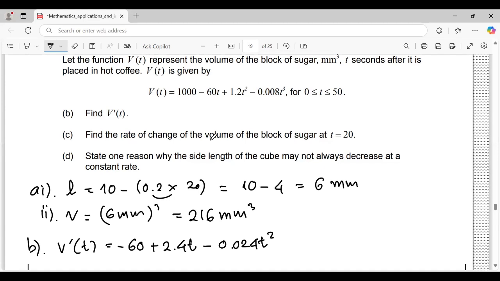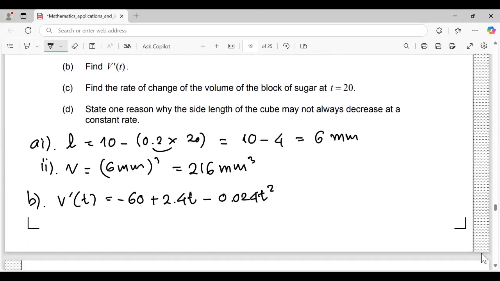Find the rate of change of the volume of the block of sugar at t equals 20. If t equals 20, so I substitute the 20 here.